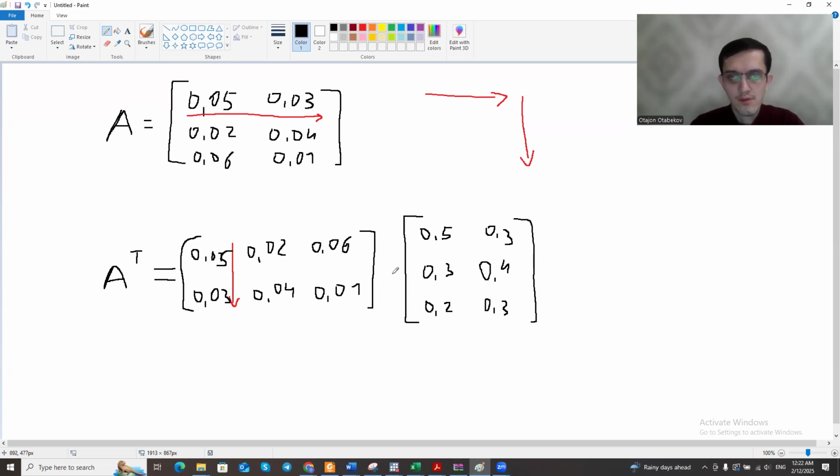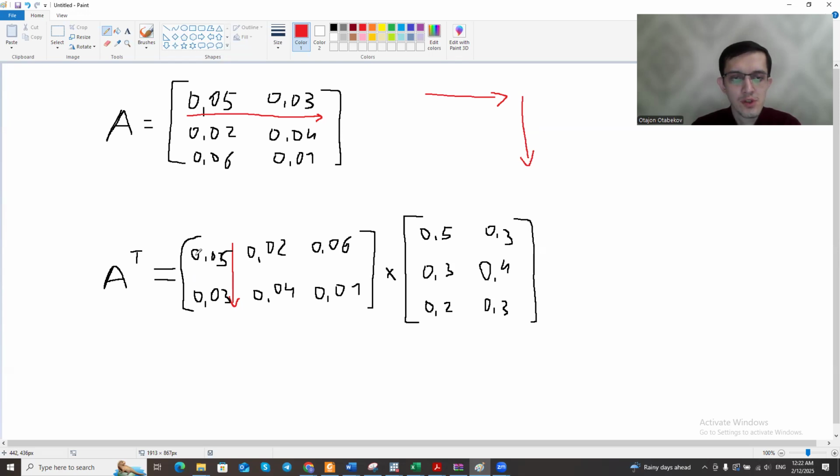Okay, then I have to multiply them. But before multiplication, we have to pay attention to whether we can multiply these two matrices or not. There is a rule regarding the size of the matrices which allows us to multiply them or not. What is the size of the matrix A transpose?